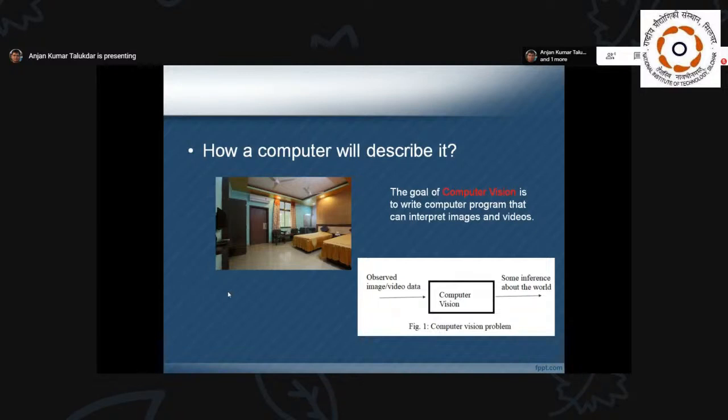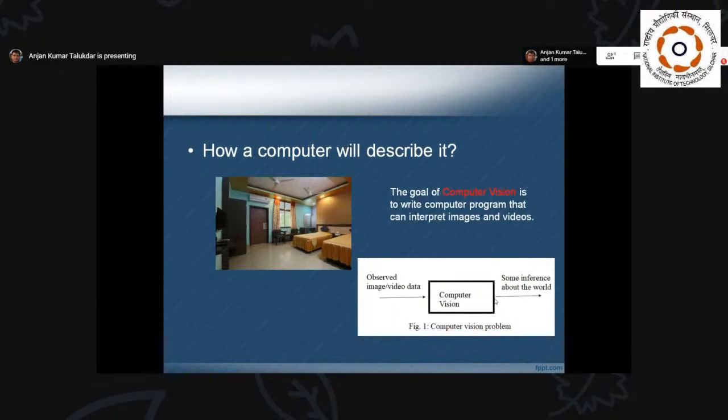So input to computer vision systems is an image or maybe video data, and this computer vision block will take this input, do some processing on it, and give some interpretation of the image or video as output.